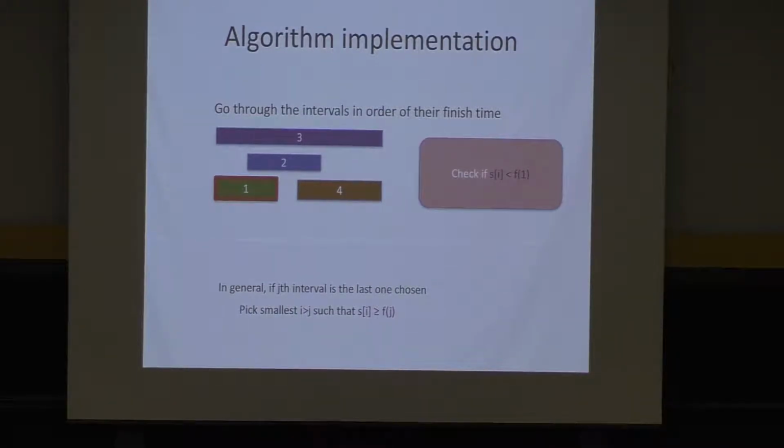And in general, the issue that we want to handle somehow, and now that I look at it, I realize this is not the best possible example. But imagine, if you will, that 3 actually extended a bit more, way beyond here.